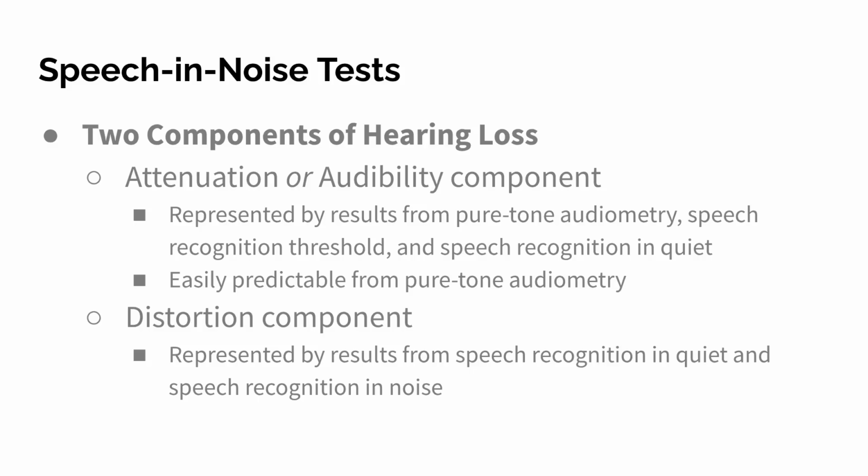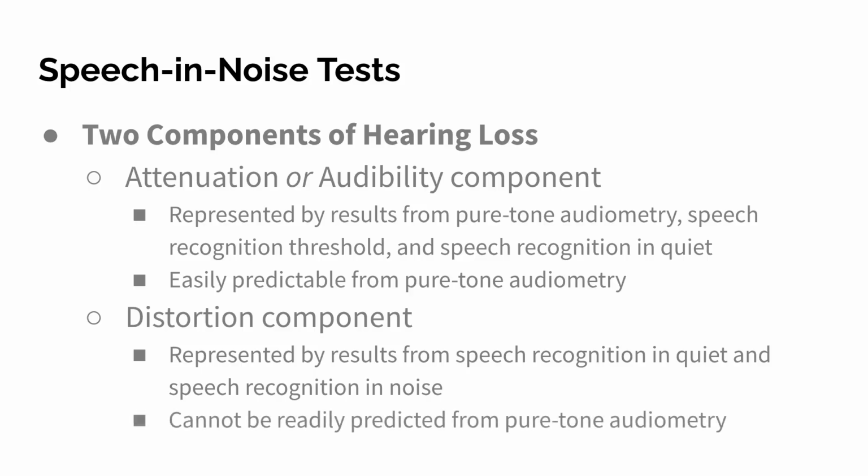The distortion component is only represented by speech recognition in quiet when you have very poor speech recognition scores that are disproportionately poor. But we're mainly talking about speech recognition in noise, which cannot be readily predicted from pure tone audiometry.